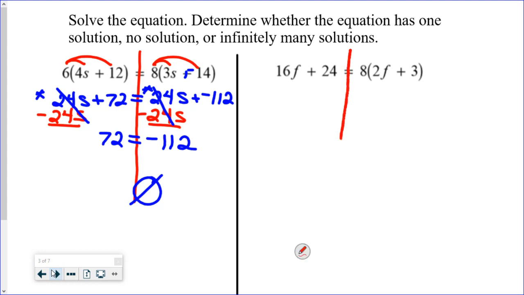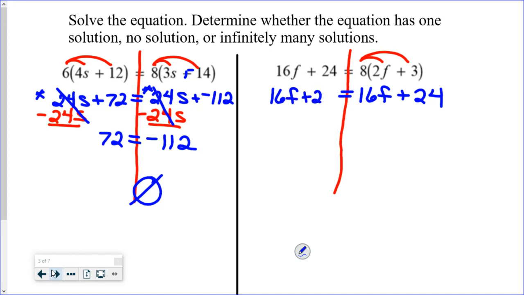Here we go. Here, going to do the same thing. Distribute. So I'm going to start by distributing. I have 16f plus 24. Again, if you want to try doing the work, pause the video and then you can play catch up. Kind of sounds iffy, doesn't it?